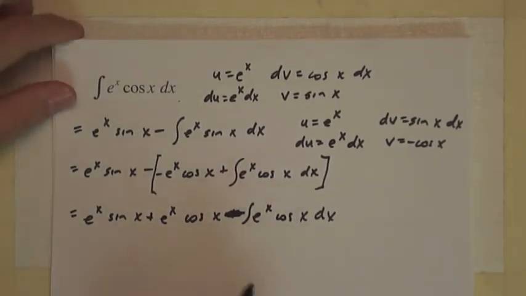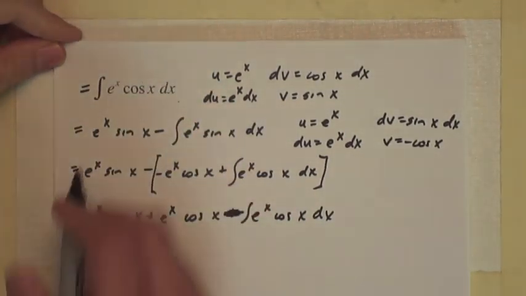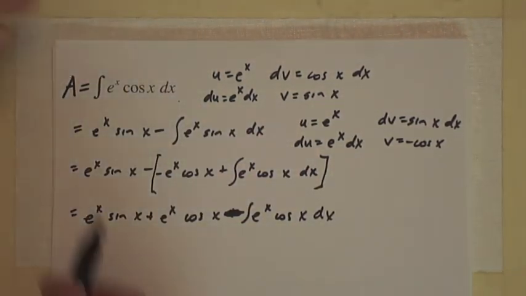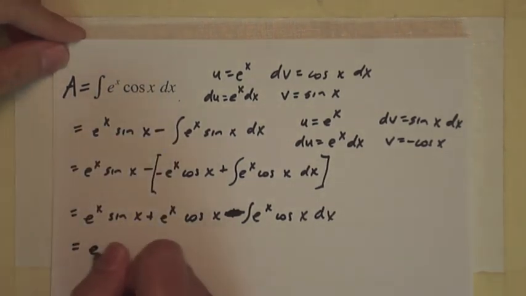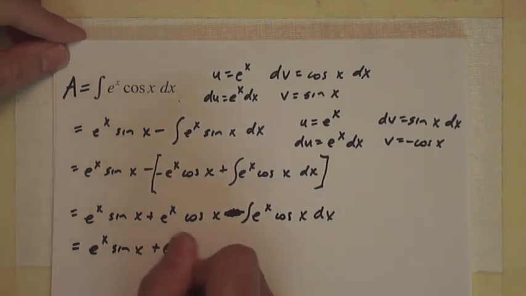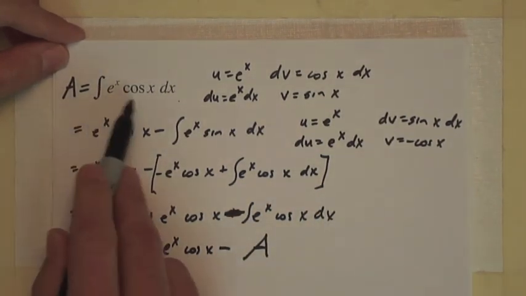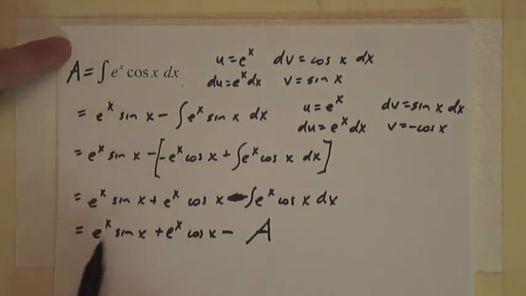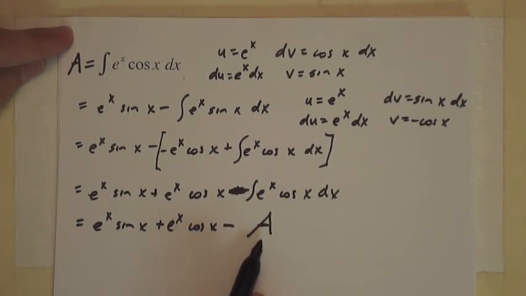But there's a trick. If we go back up to the top and call this integral A, standing for answer, our answer that we want is whatever this is. Then what is this? This is e to the x sine x plus e to the x cosine x minus A, because this whole thing is our original object. So now we have this equation, A equals some expression with A, and we can solve it for A and get our answer.